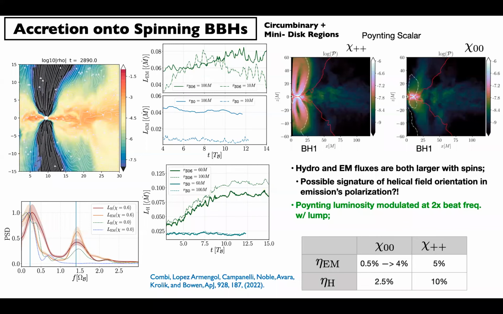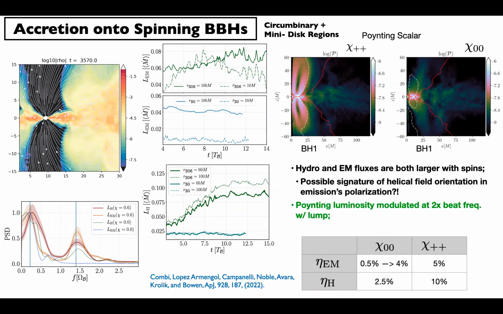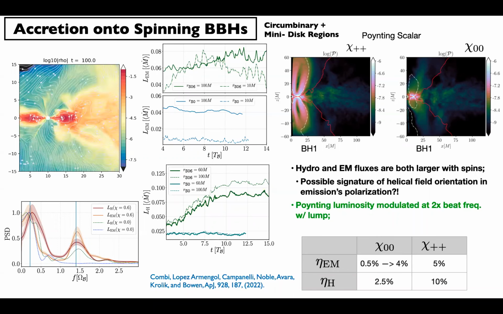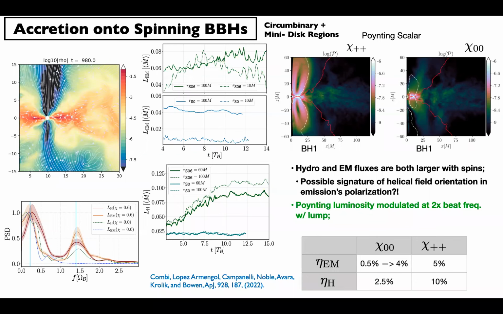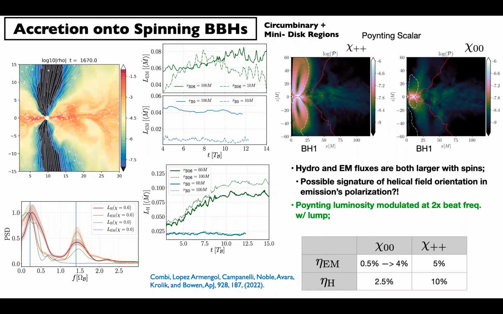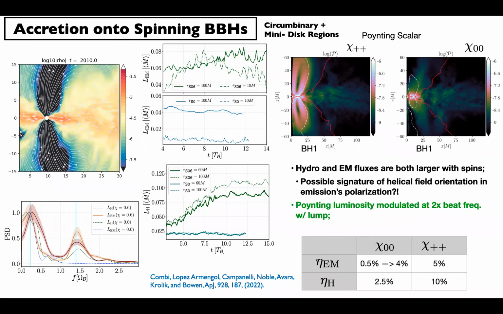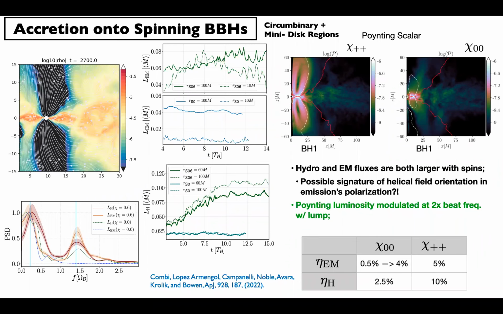And we found that the Poynting luminosity was modulated at 2 times the beat frequency. The beat frequency was between the overdense lump that forms in the circumbinary disk and the binary orbital frequency. And we found powerful, efficient jets that formed out of the mini disk accretion.